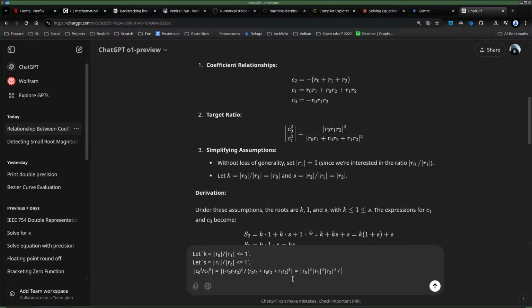Can't get the absolute values around the R zeros here, I mean, around the roots themselves.